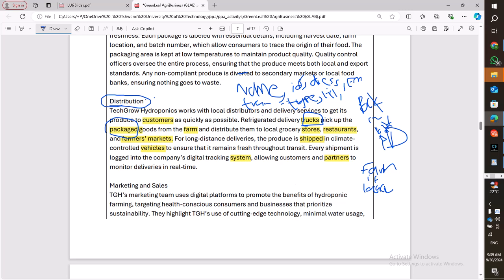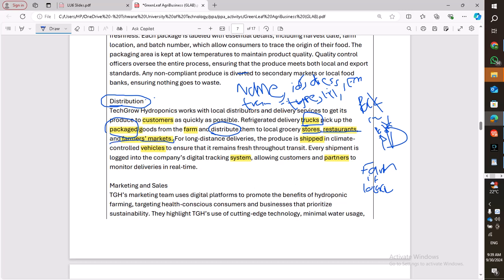Then distributions. We have something that is distribution. Distribution is also another noun, but for now I'll focus on this one. Under distribution, I can include the store, the restaurant, the farmers markets, all the things listed.